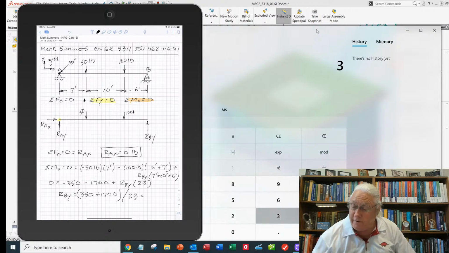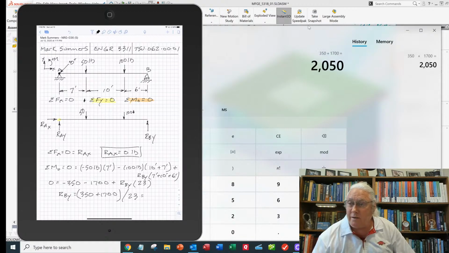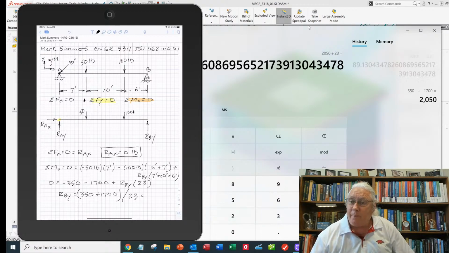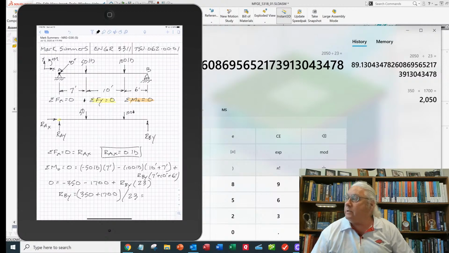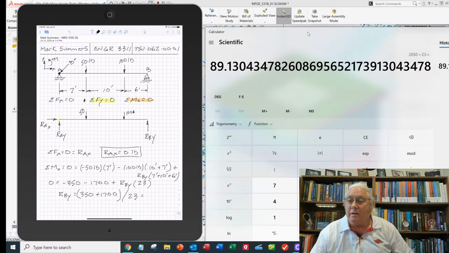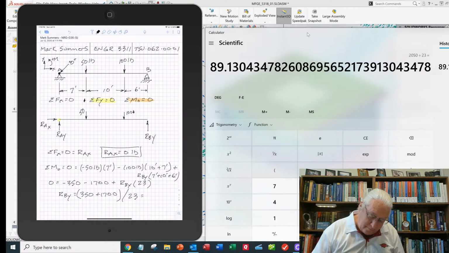So I got 350 plus 1700, divide that by 23. And I get something. It's off the screen. Looks like 89.13.